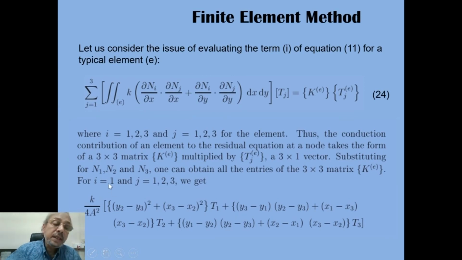By taking i equal to 1, j equal to 1, 2, 3 and substituting for Ni and Nj in this equation, after substituting and integrating, we will get this row, which is basically (y2 minus y3) square plus (x3 minus x2) square into T1.